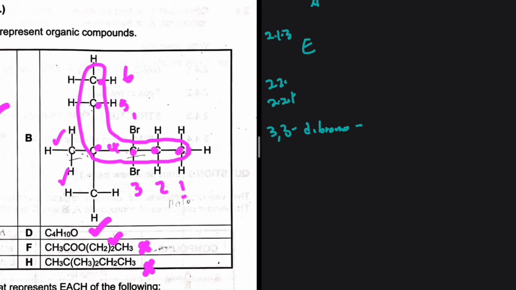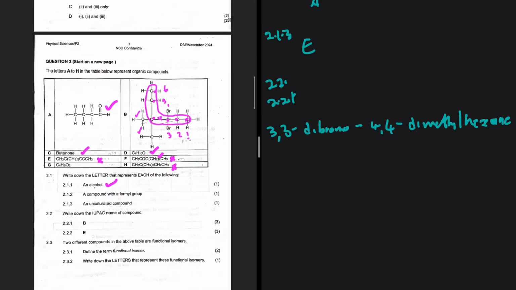The methyl is on the 4th carbon, so 4,4-dimethylhexane, because like we said, we have 6 carbons on the longest chain. So hexane. There we go. That is the IUPAC name of compound B.